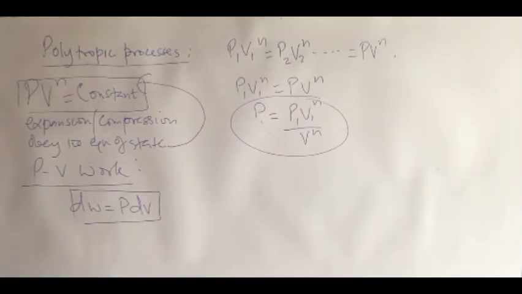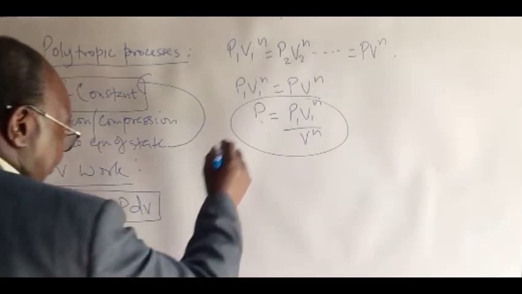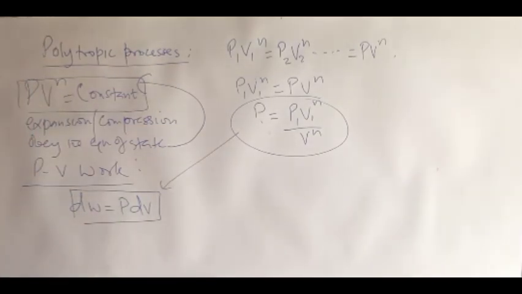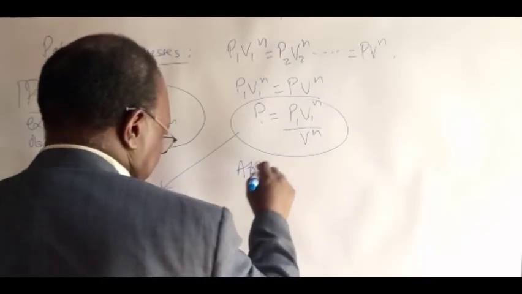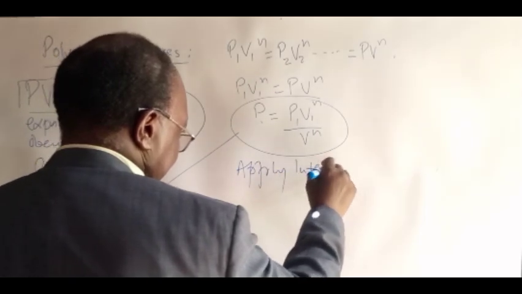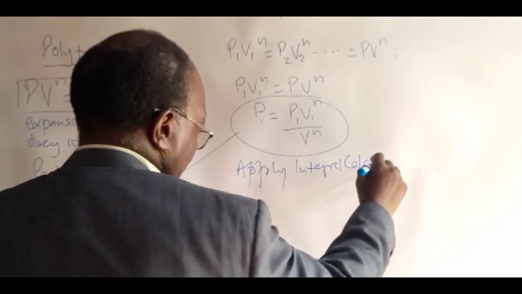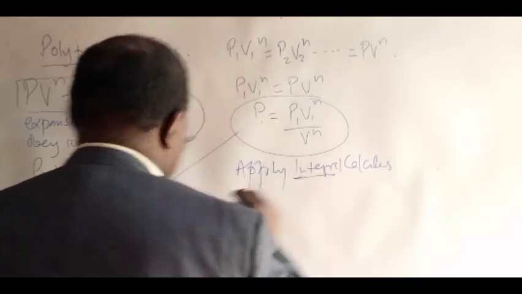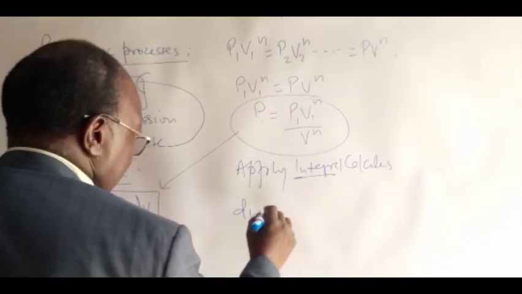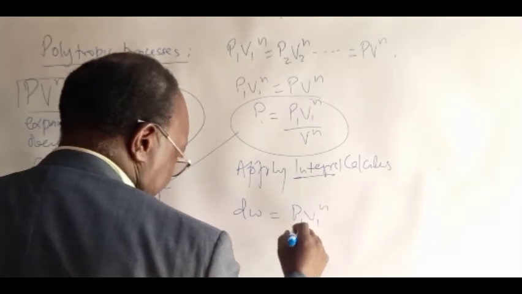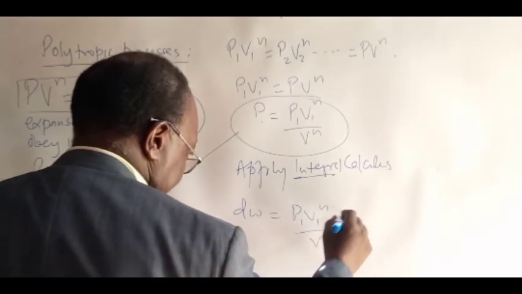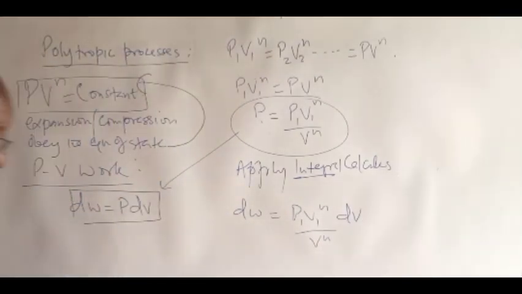So if we take this pressure expression from this characteristic equation, which we have said is for polytropic processes, and apply integral calculus on it, then we have dW is equal to P1 V1^n over V^n dV.